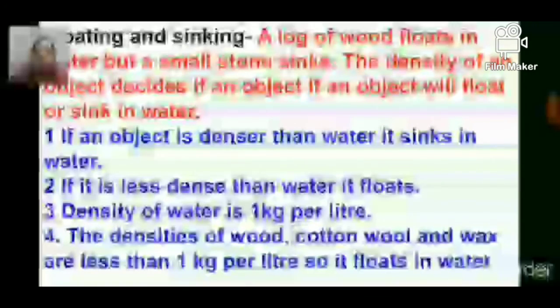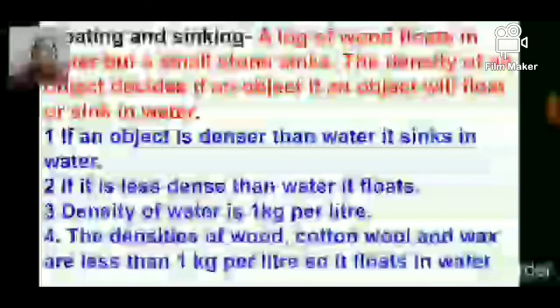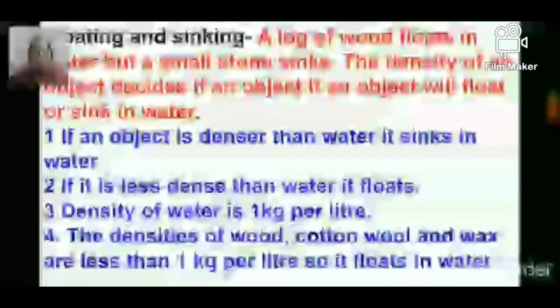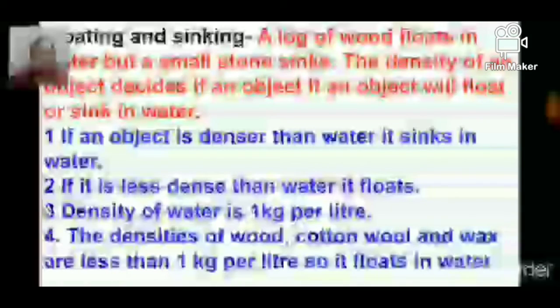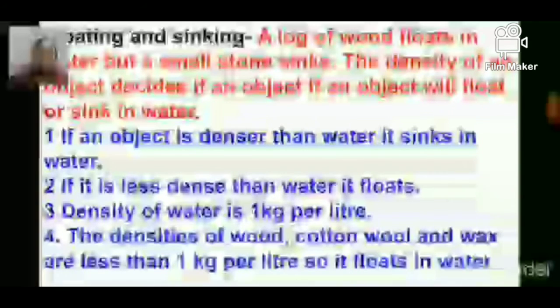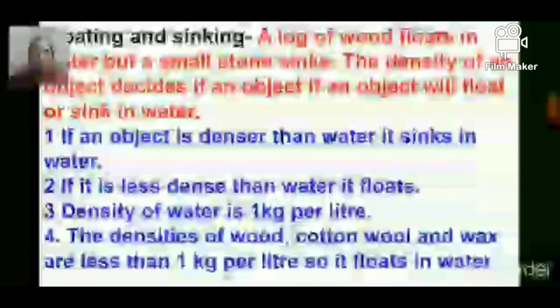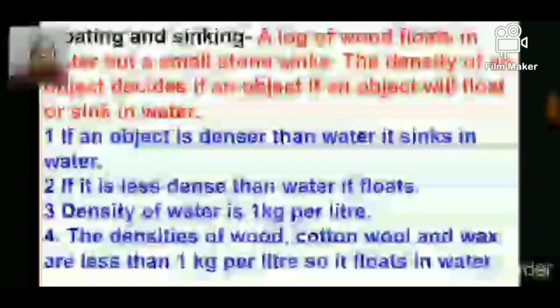That's why the density of water is 1 kg per liter. Now, the things which are less dense than water float in water. The densities of wood, cotton wool and wax are less than 1 kg per liter, that is the density of water. So they float in water.